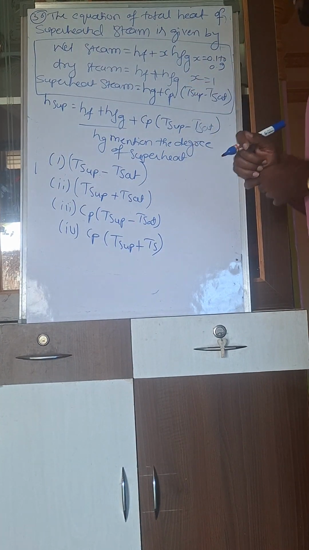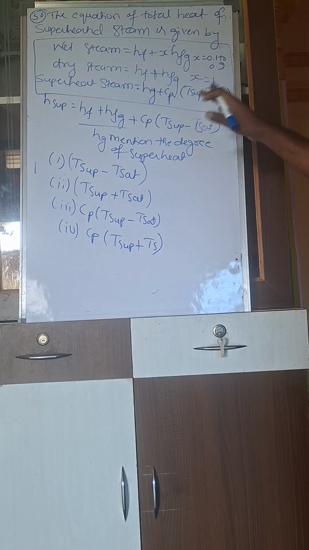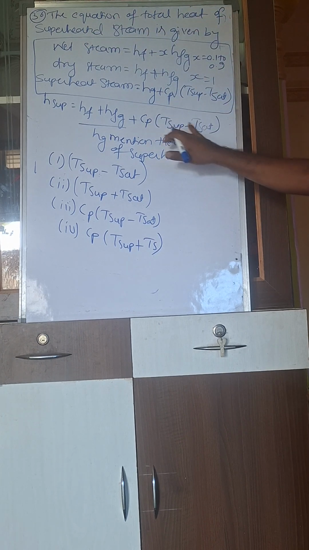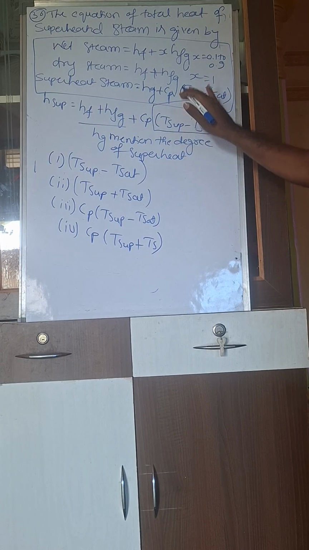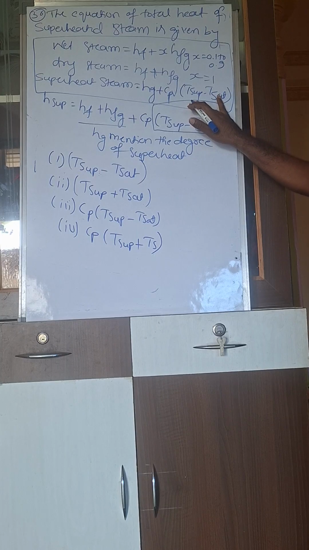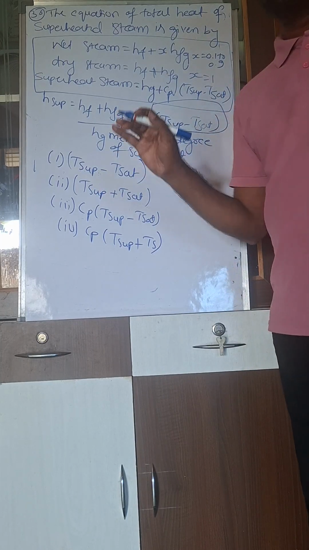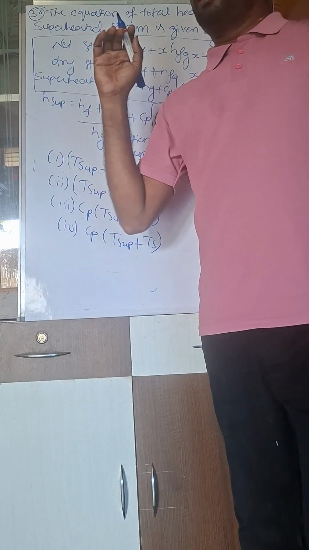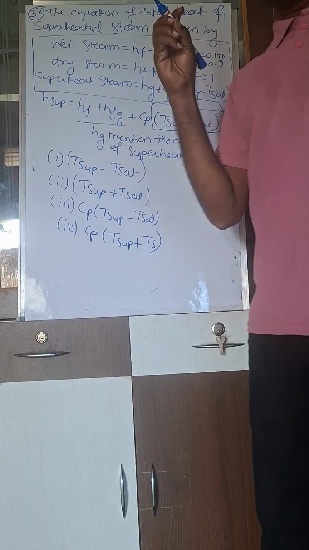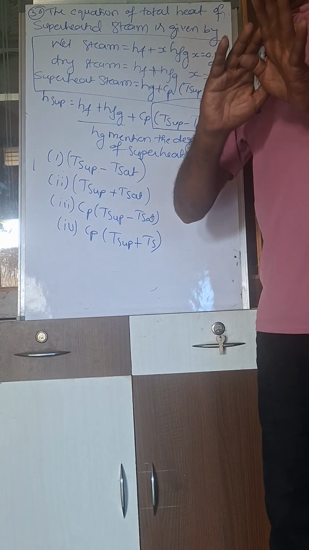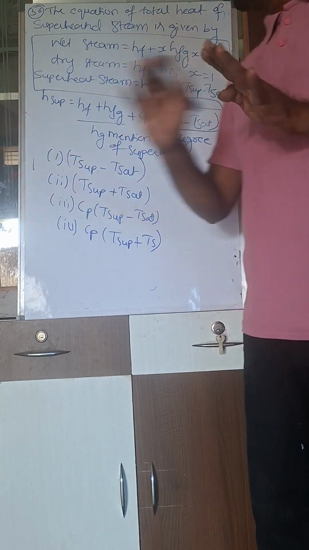What is the concept here? The equation of total heat of superheated steam. This is the form of superheated steam. In the equation, T superheated minus T saturation is the amount of heat in the steam that passes to the atmosphere, so it will be a negative sign.